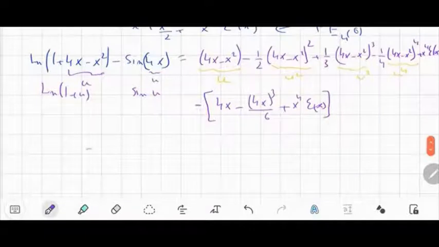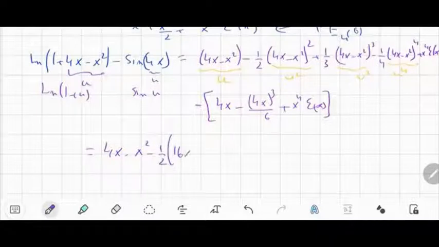So this will be equal to 4x minus x² first, then minus half (16x² plus x⁴ minus 8x³).